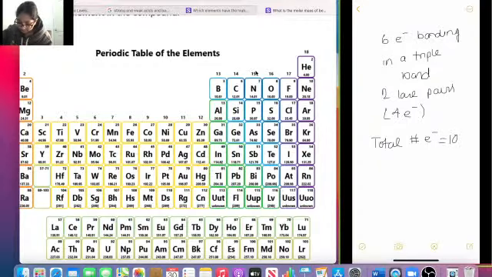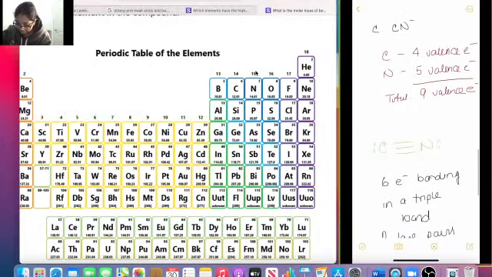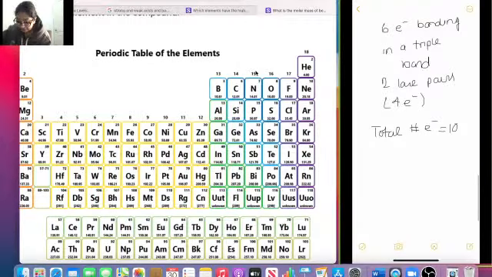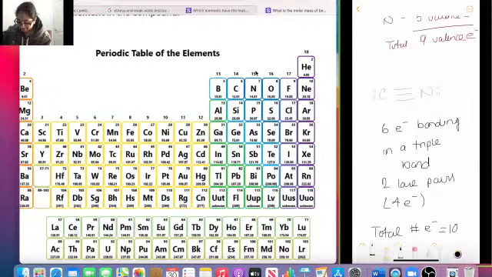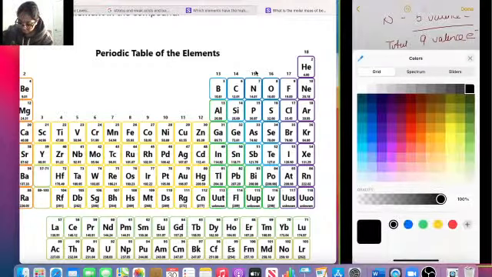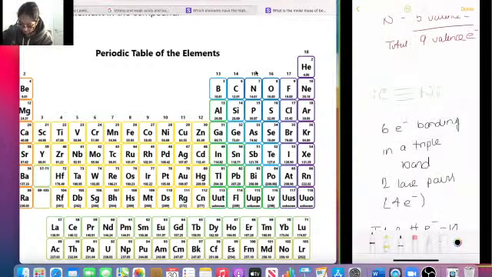If you remember, we only had 9 valence electrons, now we got 10, so we added 1 more electron, right? When you're adding electrons, you're making it more negative, and so this compound would have a negative charge on carbon. Okay, so this indicates that there's an additional electron added into the bond.